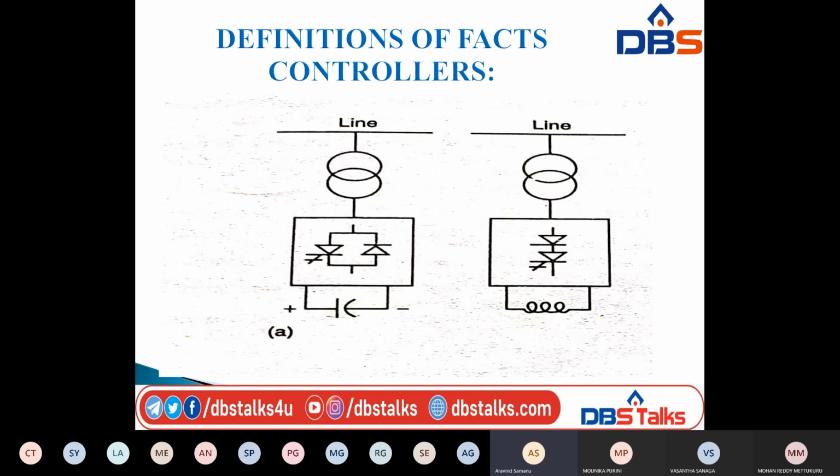If you see this diagram from the left hand side, the voltage source converter is represented in symbolic form by a box with a gate turn off device paralleled by a reverse diode. Here the gate turn off device is paralleled by a reverse diode.